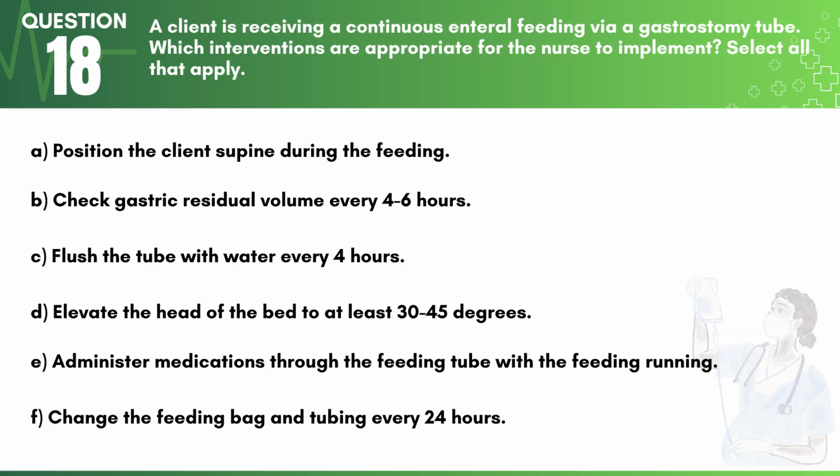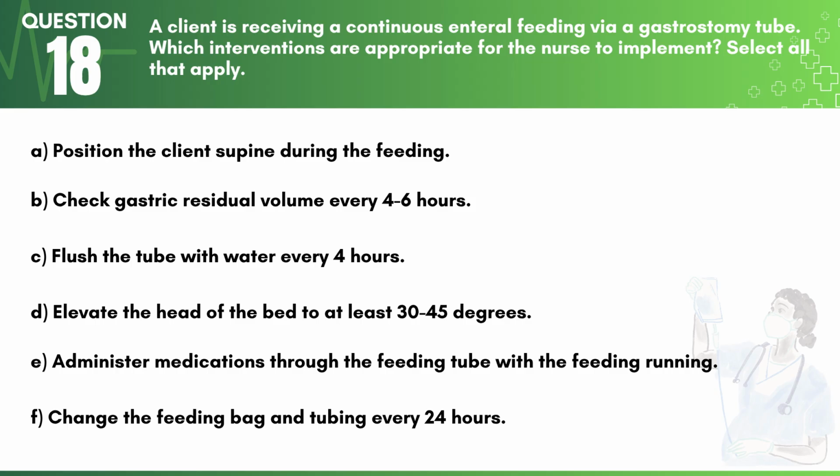Question 18. A client is receiving a continuous enteral feeding via a gastrostomy tube. Which interventions are appropriate for the nurse to implement? Select all that apply. A. Position the client supine during the feeding. B. Check gastric residual volume every 4 to 6 hours.